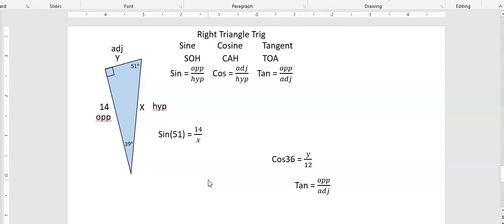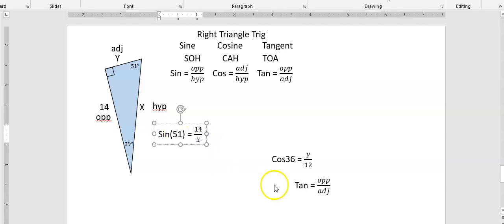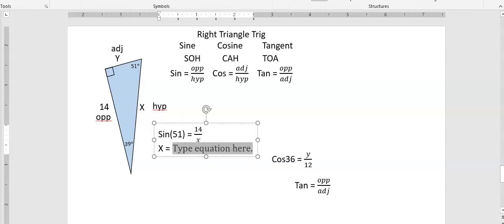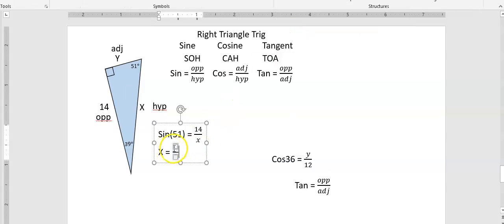When this happens, and remember we were saying you should cross multiply, when I cross multiply the x on this side, x is not by itself. So I would have to divide by a sine of 51. If you realize you have x in the denominator, basically just flip-flop the x and the sine 51. And so you will have x equals, let me go get a fraction. 14 doesn't go anywhere.